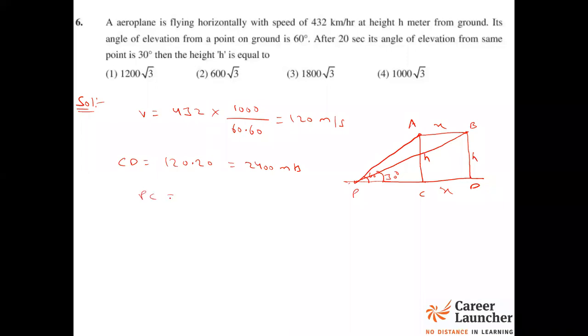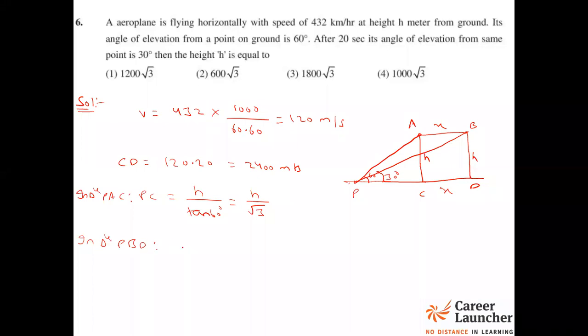Now in this triangle PAC, if you observe, how much is PC? PC will become h upon tan 60, which is equal to h upon root 3. And what about in triangle PBD, the bigger triangle?